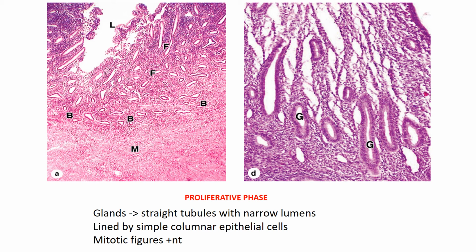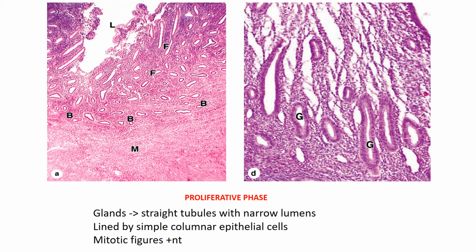So the proliferative phase, which is also the initial phase, is under the influence of estrogen. It is also known as the estrogenic phase, or the follicular phase, because it is under the influence of the developing follicles which produce the estrogen.